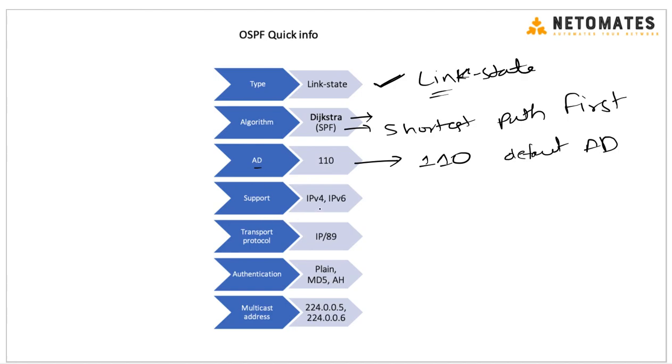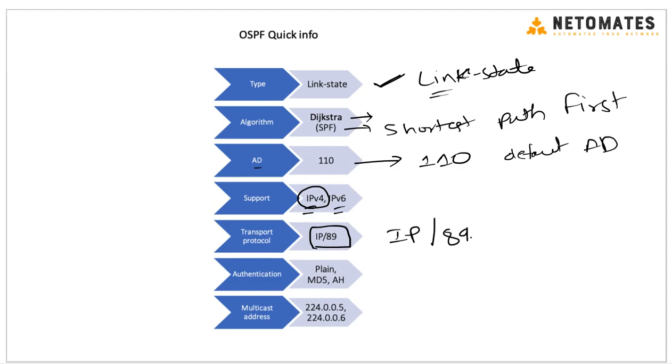And OSPF supports IPv4 and IPv6. Currently we are only looking at IP version 4. The OSPF uses the IP protocol only to communicate, which means it will use IP to communicate with each other, and each protocol has a number.